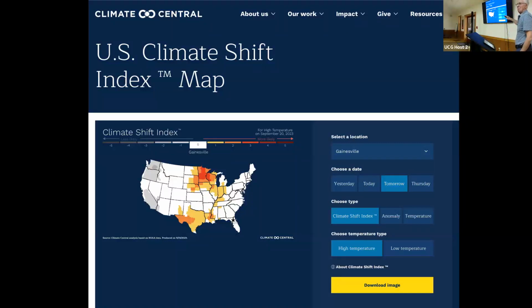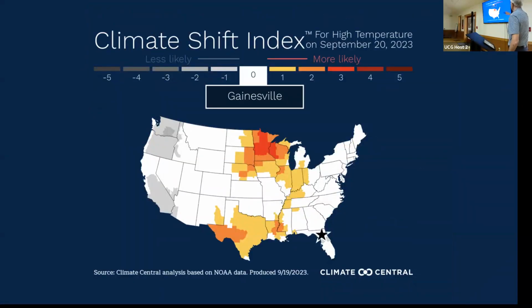Now, I took my birthday last month, September 20. I prepared this slide on the 19th of September, and I took tomorrow, which was September 20, and I wanted to see what it showed. And so here's Gainesville. It's a 0. There was no effect. So I had a nice day on my birthday.